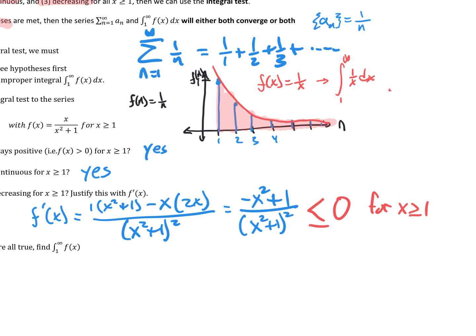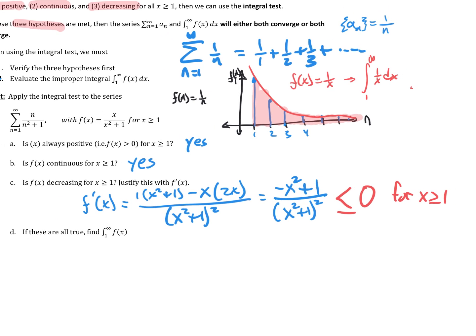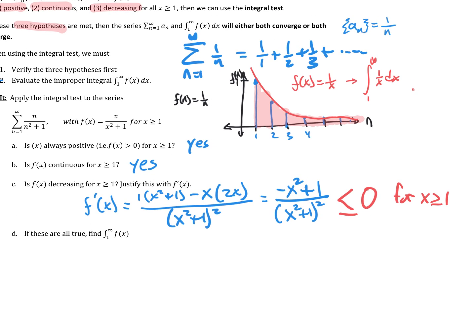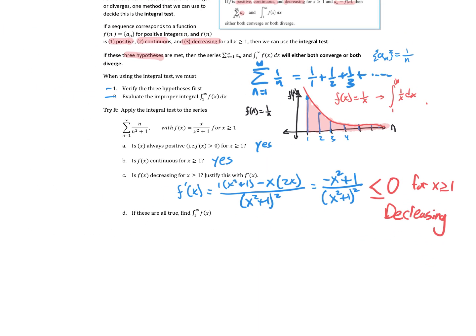So yes, this is always decreasing, or really it's non-increasing. Well, we can be more specific. We can say this is decreasing because it's going to always be negative, except for at that moment when x is 1. Okay, so now, if they're all true, so yes, yes, yes, we've shown that.